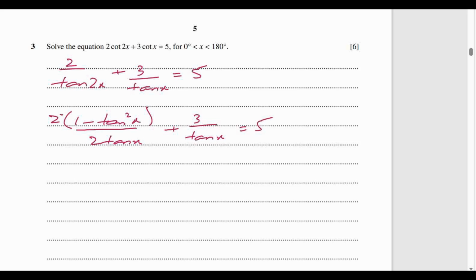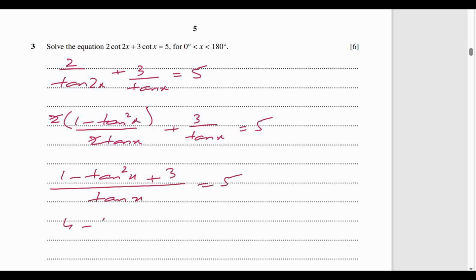So from here we can cancel out these two. We can take the LCM again. So 1 minus tan square of x plus 3 divided by tan of x is equals to 5.